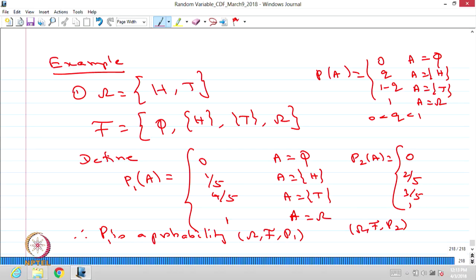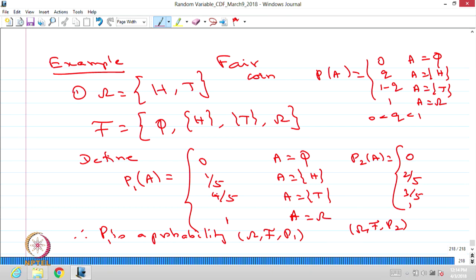Whatever we discuss at the elementary level, we always go for a fair coin or unbiased coin. In that case, the probability of getting a head or the probability of getting a tail, that is P of A when A is equal to H or A is equal to tail, these values are going to be 1 by 2 and 1 by 2.